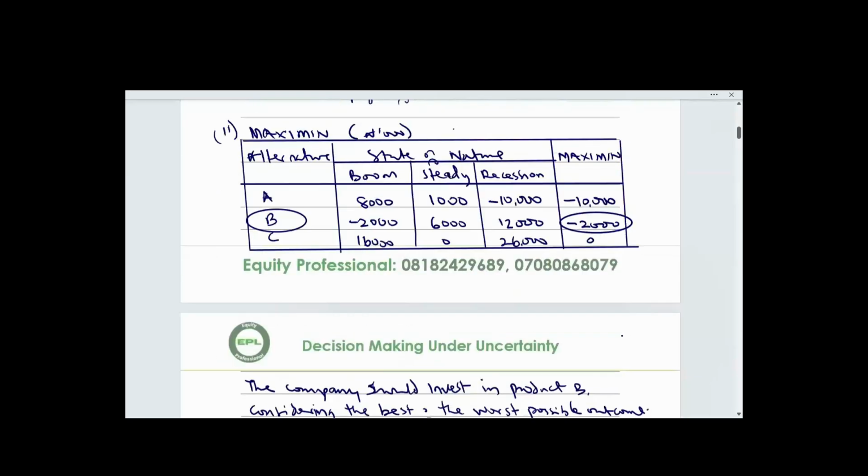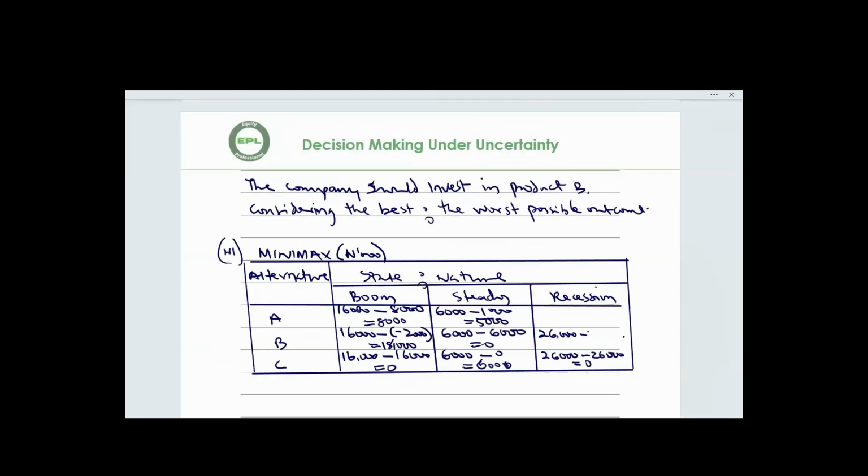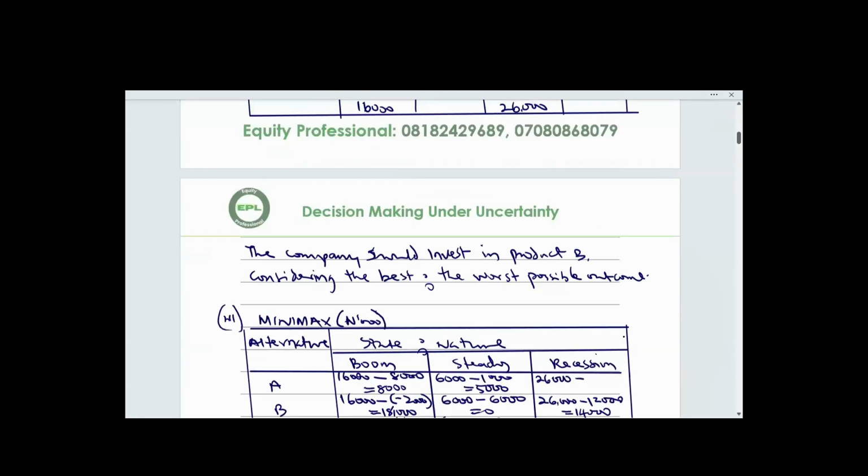So 26,000 minus 26,000. This will give us 0. Then 26,000 minus 12,000 will give us 14,000. The last one, 26,000 minus minus 10,000. This will produce 36,000 naira.